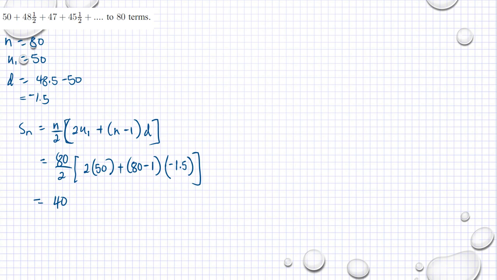We have 40, and then now 100 plus 79 multiplied by negative 1.5. So we have now 40 multiplied by 100 plus 79 times negative 1.5. And we have negative 740.